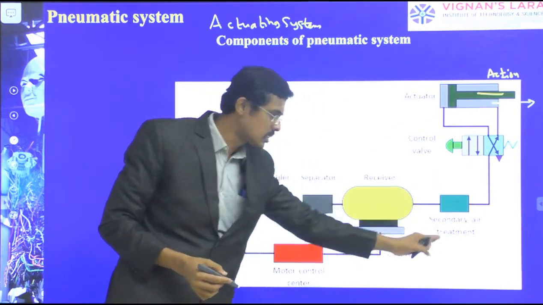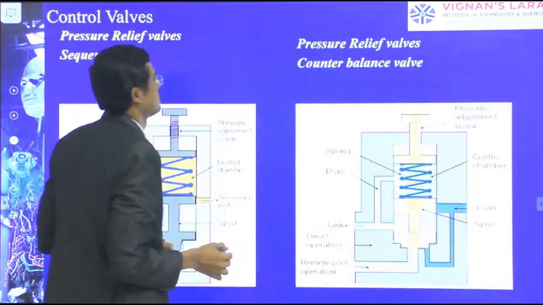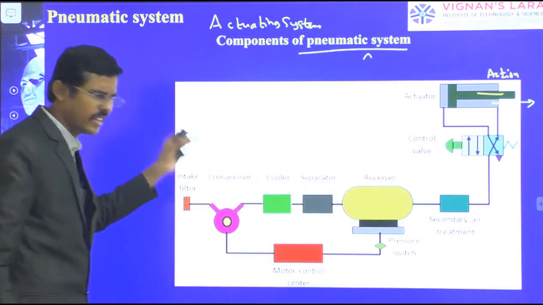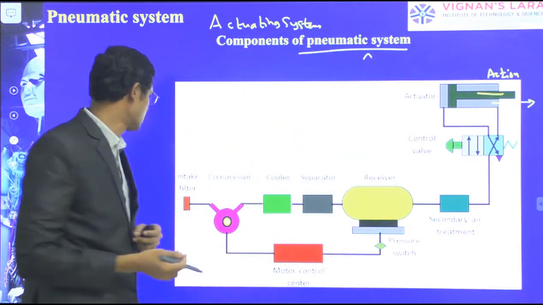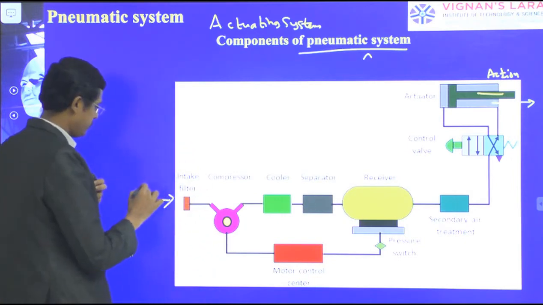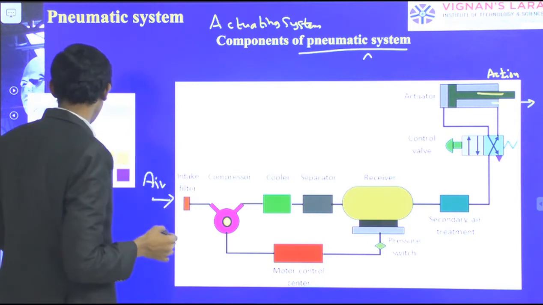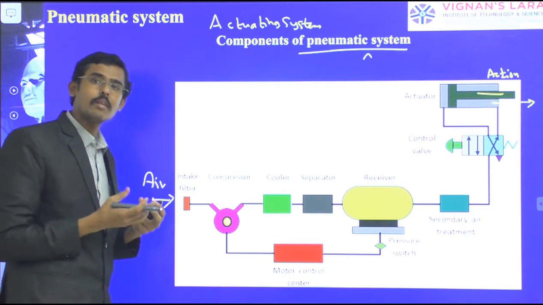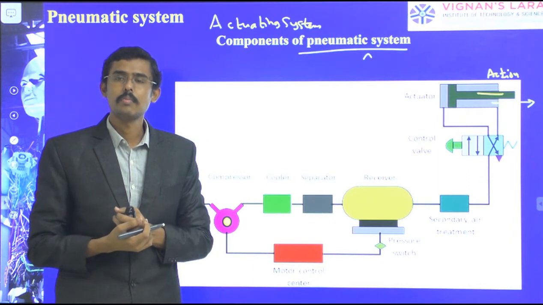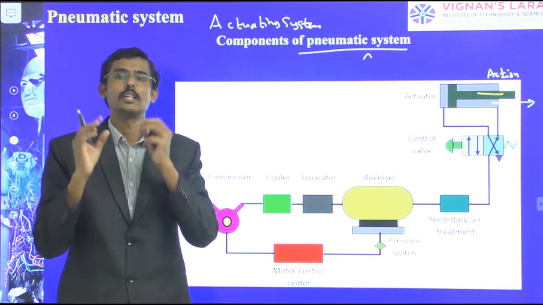I have many setups in the pneumatic actuating systems. What does it do? First, I take the air from the atmosphere, from the environment. The environmental air may contain dust particles and impurities, so the air has to be filtered.